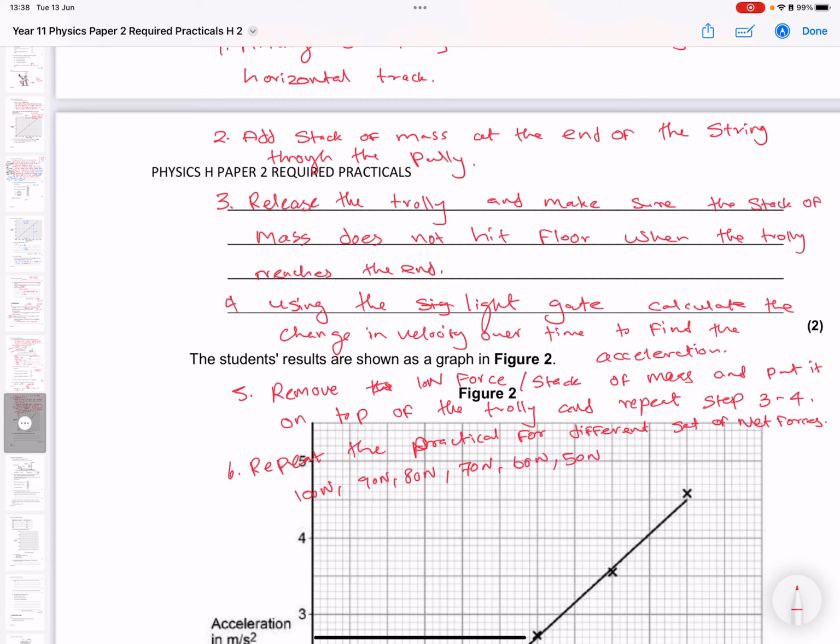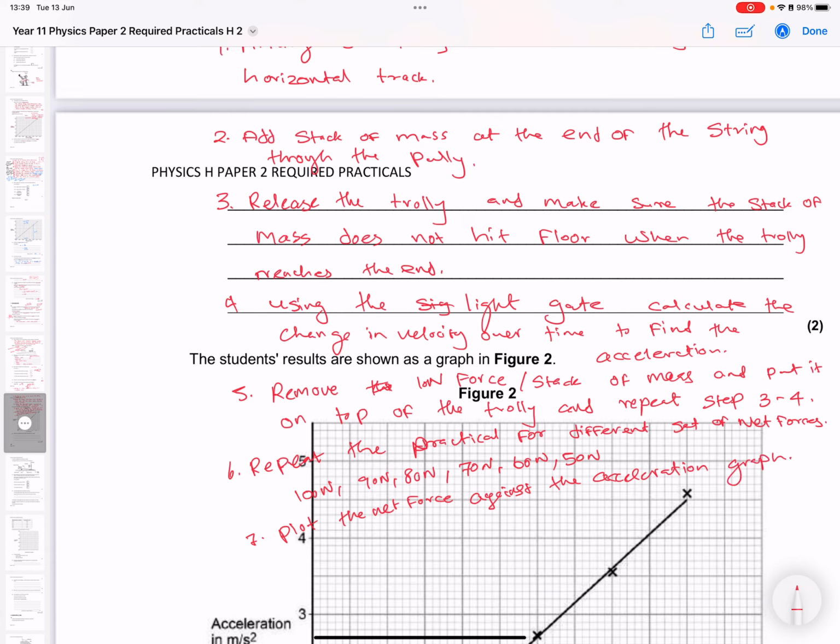So they can do it over a range of values, and then finally they can plot the net force against the acceleration. So plot the net force against acceleration graph.